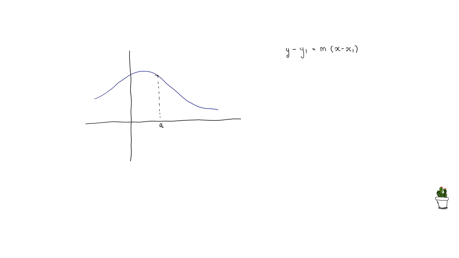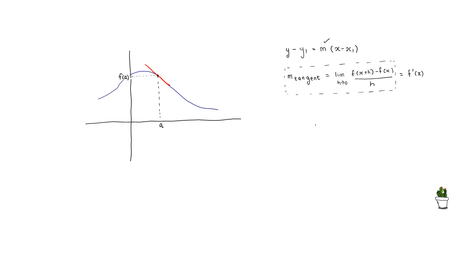That point always has a corresponding f of a, and this notation f of a is basically saying the y value when x equals a. First things first, if we want the equation of this tangent line at this point x equals a, the first thing we need is the gradient of the tangent line. That's the most important thing.